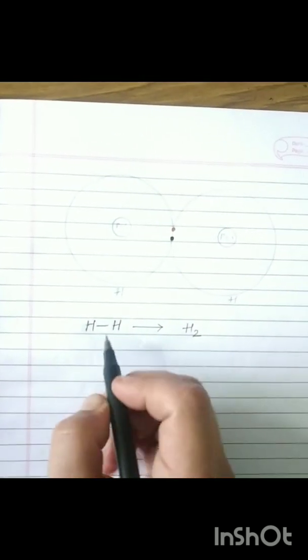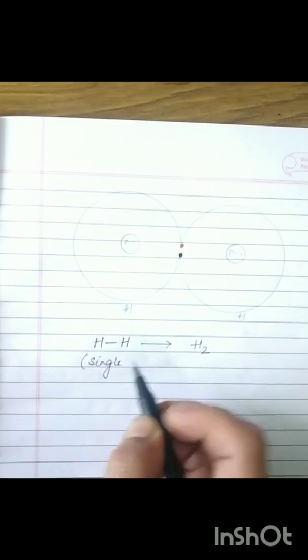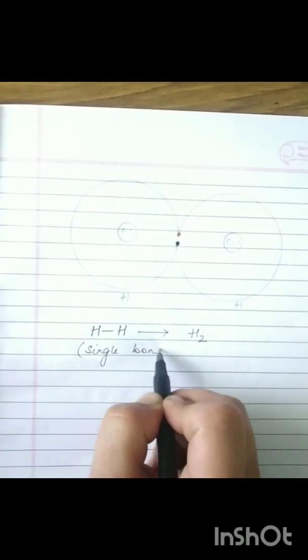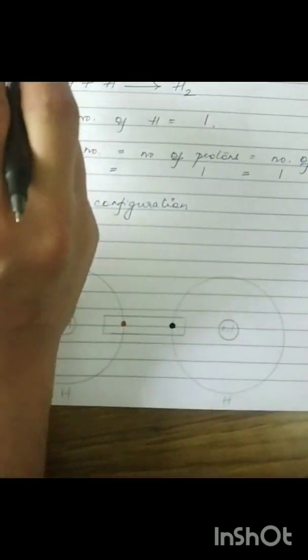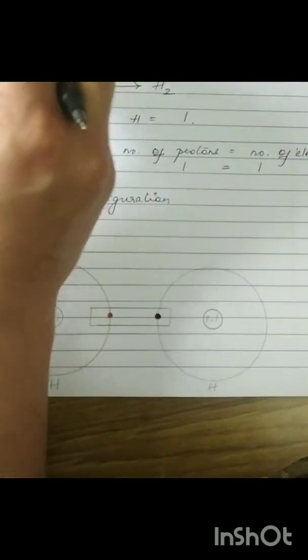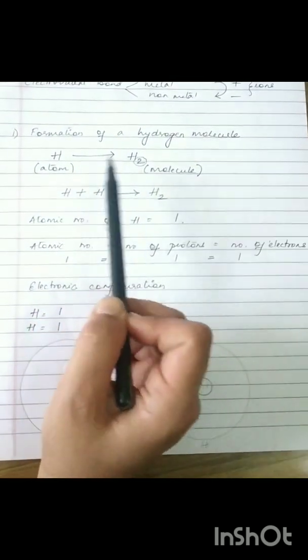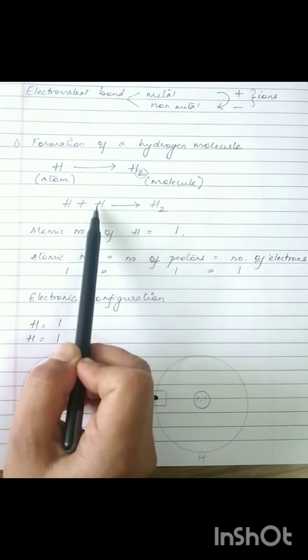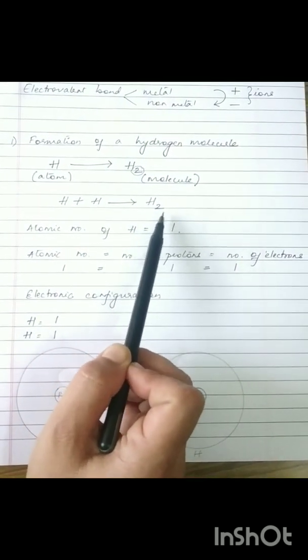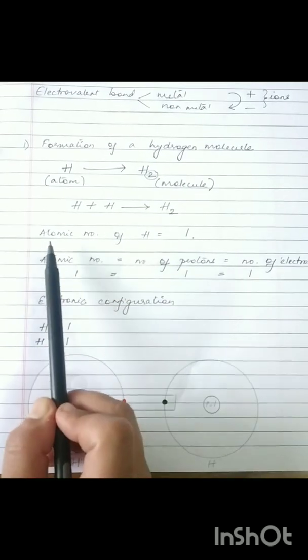And since they're sharing only 1 electron, this type of covalent bond is known as a single bond. See here once more, we had to show the formation of a hydrogen molecule. H is an atom of hydrogen, H2 is a molecule of hydrogen. That means we need 2 hydrogen atoms to form a molecule of hydrogen.